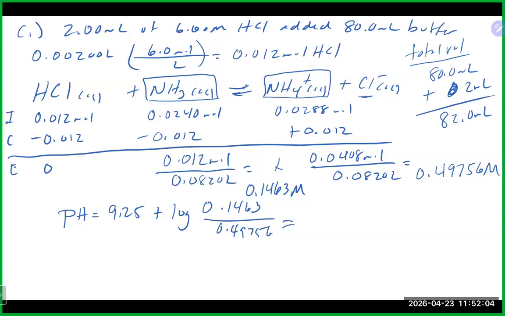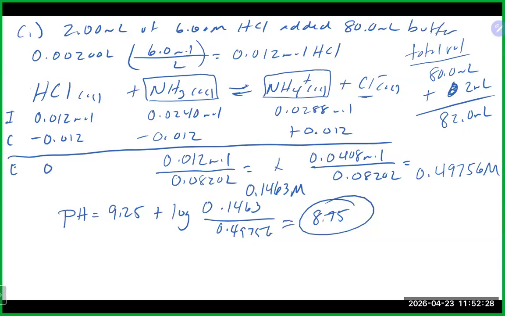And if we do that, we take 0.1463 divided by 0.49756, and we're going to log it and add 9.25 to it. That's going to get us a pH of 8.75 in this case.